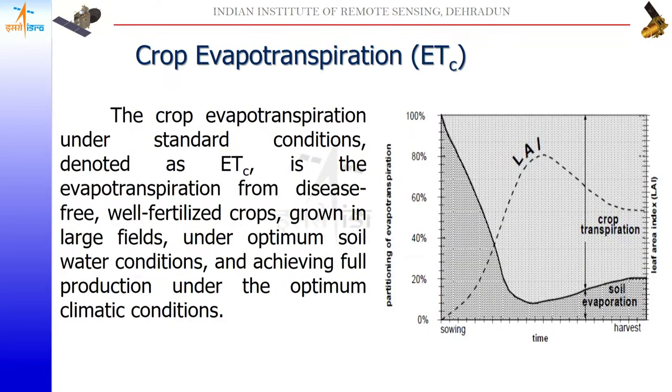So come to the definition part. What is crop evapotranspiration? In standard condition, denoted as ETc, evapotranspiration is a combination of water loss in the form of evaporation from soil and transpiration by the plant. It is this combination from a disease-free field, a well-fertilized crop, over a large area, or you can say a homogeneous patch, with optimum soil moisture conditions, achieving full production.